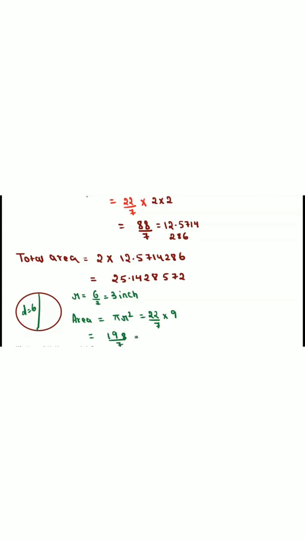Now if I calculate this, 198 divided by 7 is 28.285743.